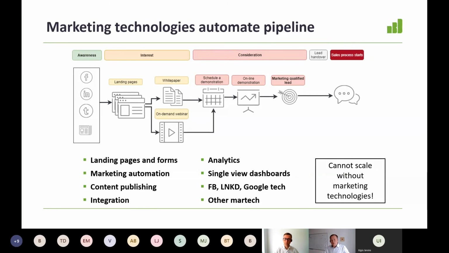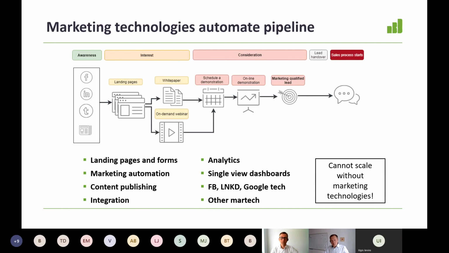One important thing here is that if you want to scale your business, I don't think you really can do this without marketing technologies and primarily marketing automation. The reason is in the numbers, because if you want, let's say, to sell 5 deals per month, probably you need to have some 50 opportunities that your salespeople are working with.